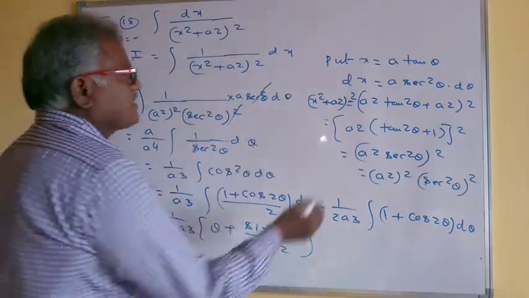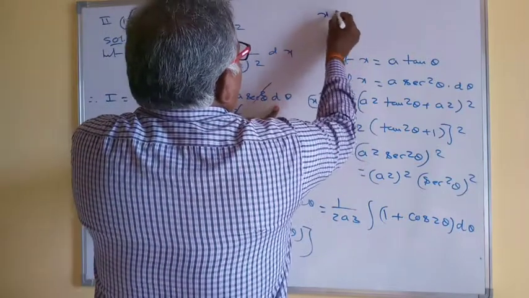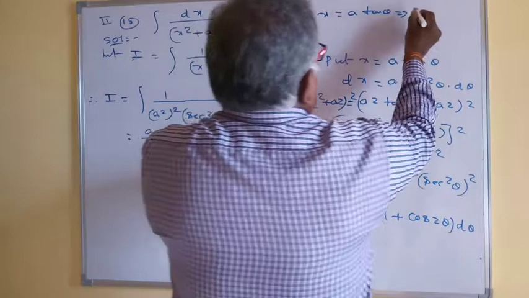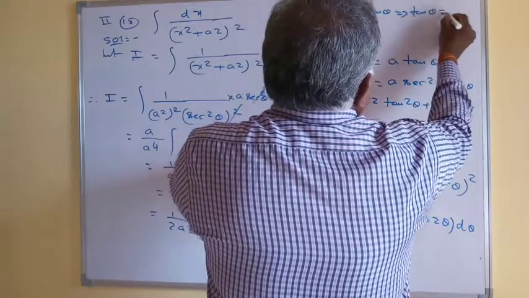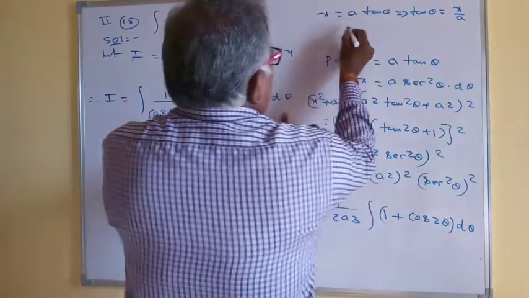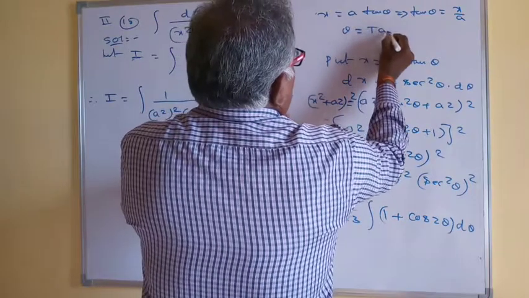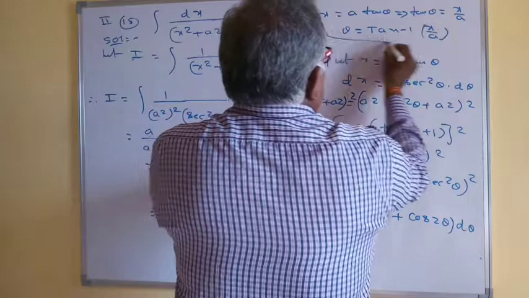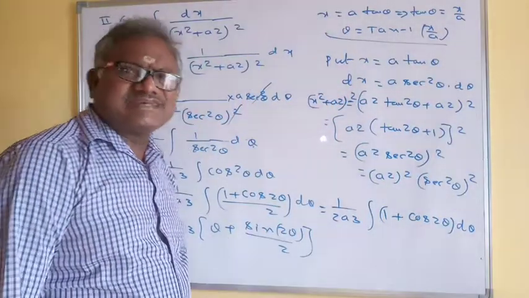You see here x is equal to a tan theta, that means tan theta is equal to x by a, so theta is equal to tan inverse x by a.